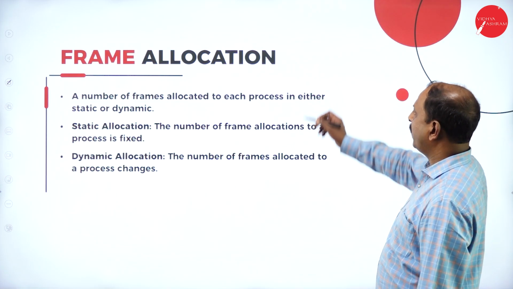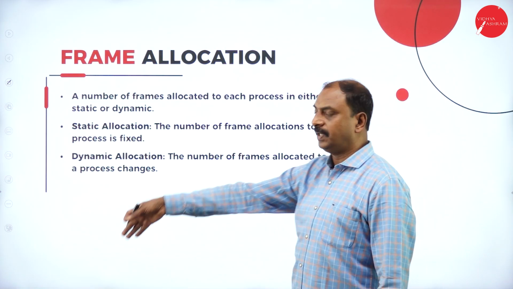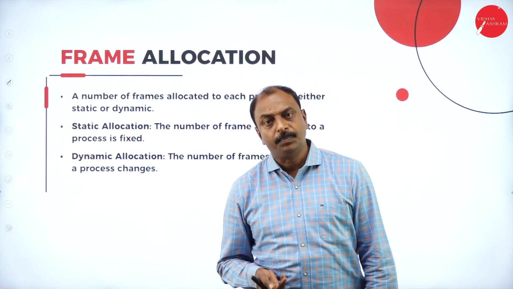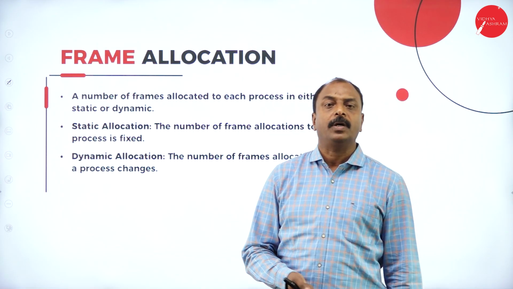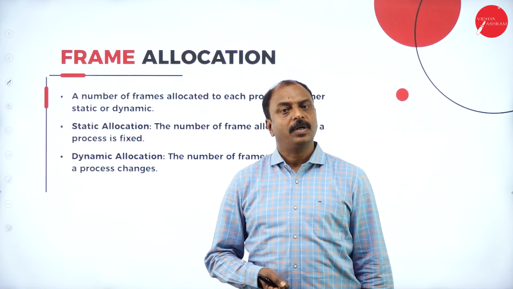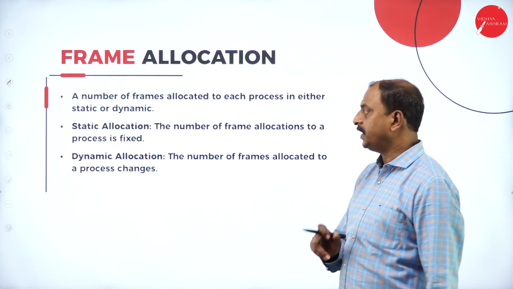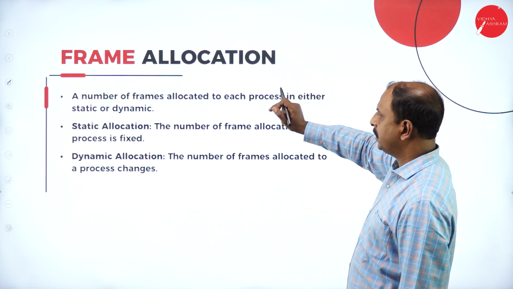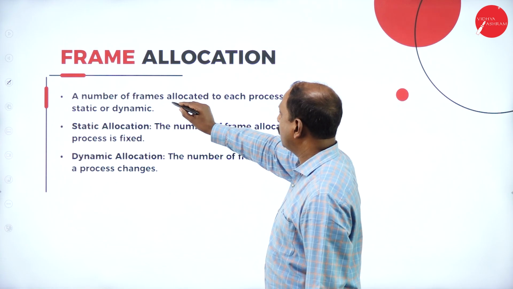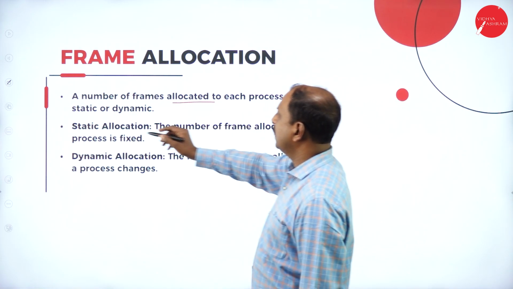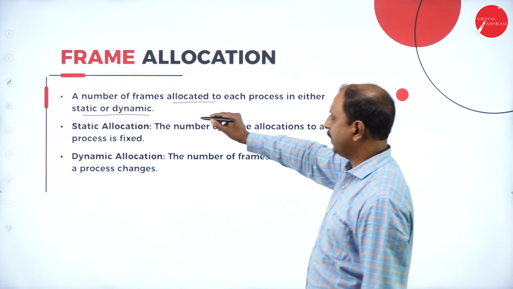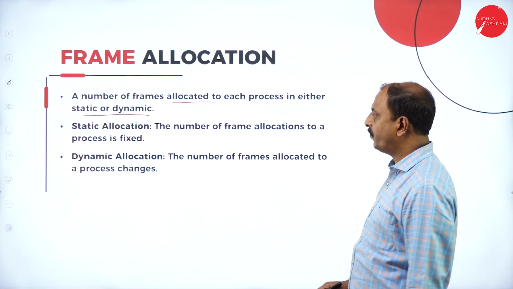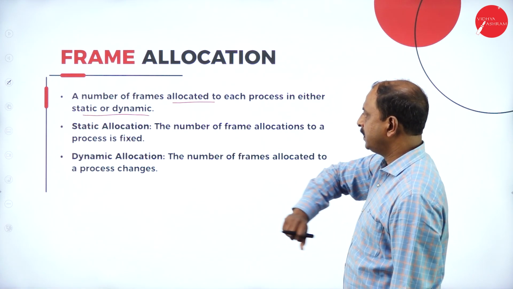Next is frame allocation. As we have seen in the previous slide, each process will be allotted enough frames for processing to avoid thrashing. So what is frame allocation? The number of frames allocated to each process is either static or dynamic. There are two methods of allocation of frames: static and dynamic.